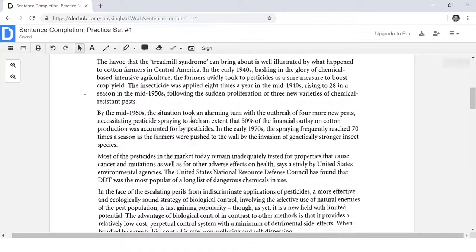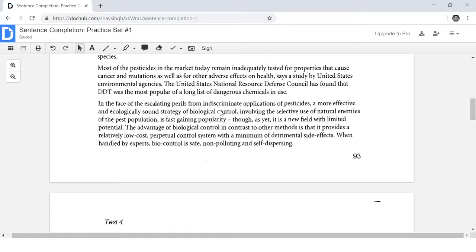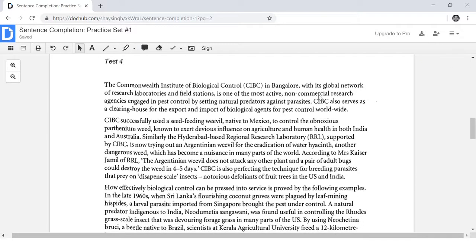I haven't seen it yet. Okay, right here I see our other keyword. I see here it mentions Argentinian weevil. This was one of our keywords, so I remember that.